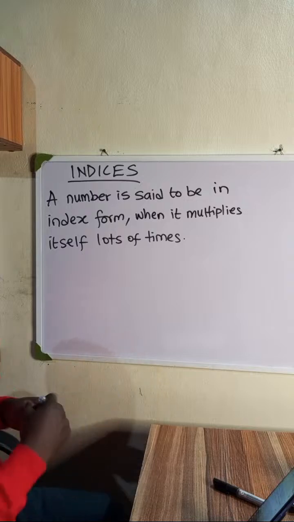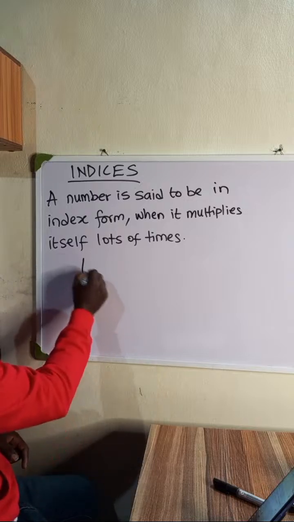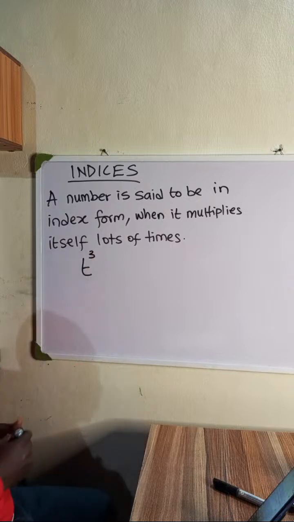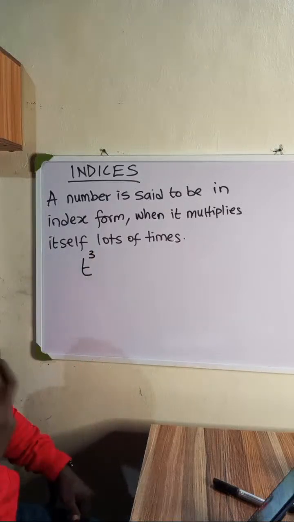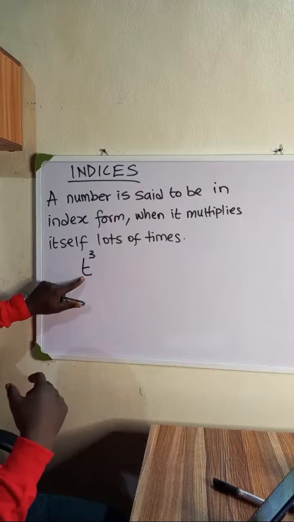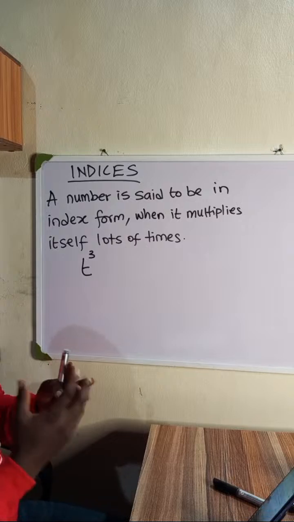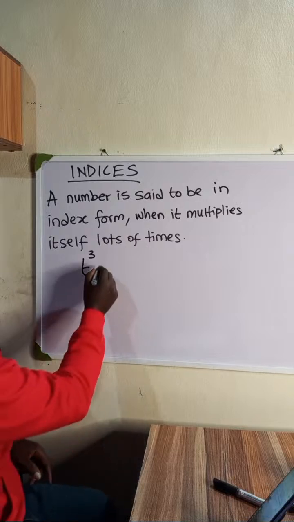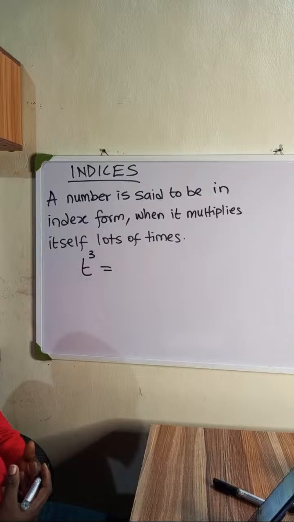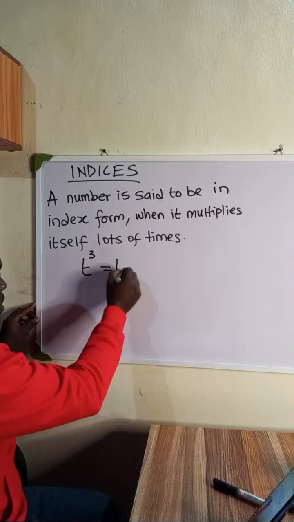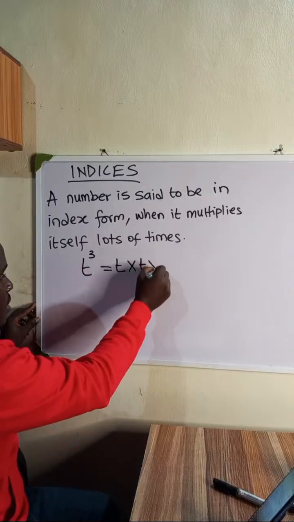So for example, if I have the number t to the power of 3, t to the power of 3 is a number in index form. But what does this mean? T to the power of 3 simply means t is multiplying itself 3 times. So it means t times t times t.